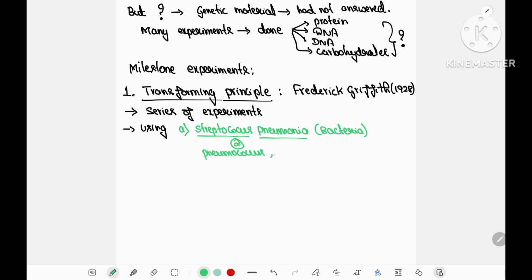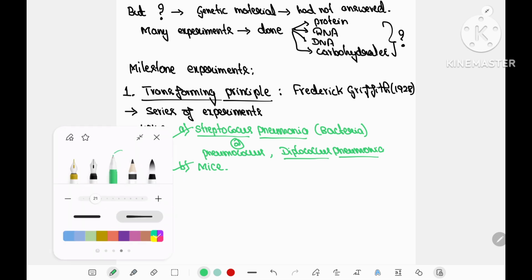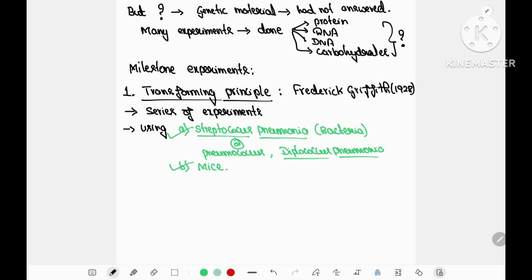So remember two organisms: one is the bacterium known as Streptococcus pneumoniae, also called Pneumococcus pneumoniae or Diplococcus pneumoniae, and the second organism is mice.